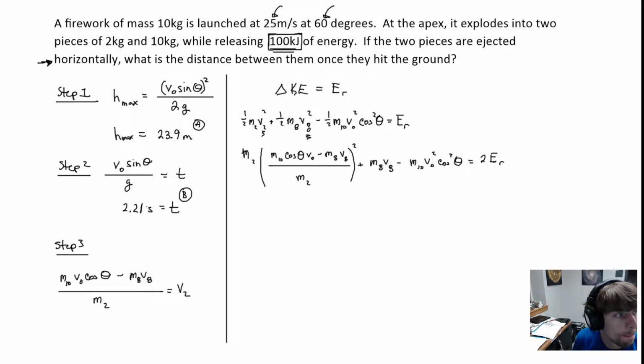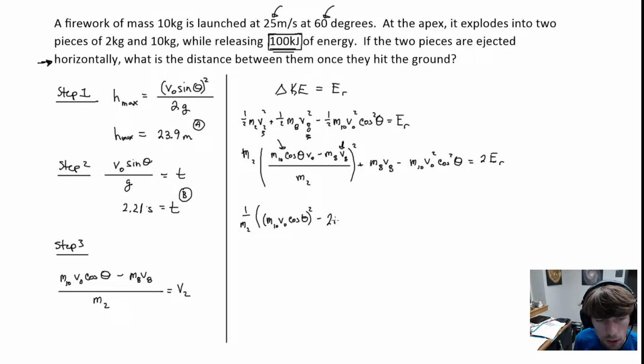Okay. And let's go ahead and FOIL the numerator. Remember, we're trying to get v8 by itself here. So let's FOIL that sucker. Well, we got 1 over m2. Not for the faint of heart here. m10 v naught cosine of theta, that quantity is squared indeed.